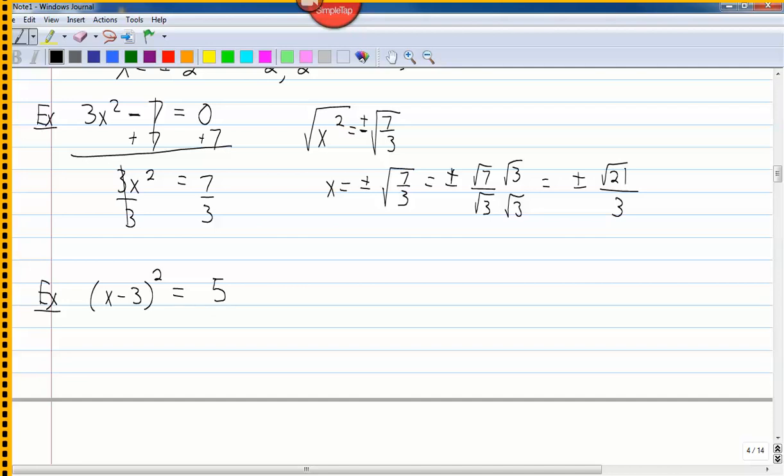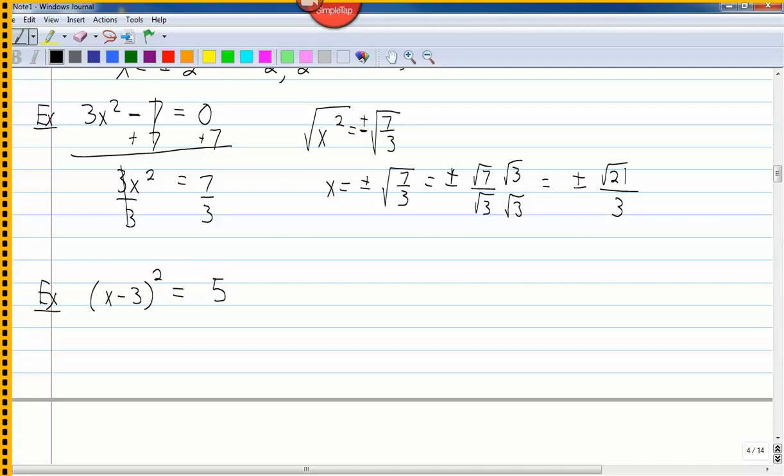You say, hold up, that's not a perfect square. Yeah, this is a perfect square because it is x minus 3 times x minus 3. So we have one side of the equation that's already in factored form. It's a perfect square, a binomial that is squared, equals any number. And of course I could have that number on the left side, or I can have it on the right side like it is here.